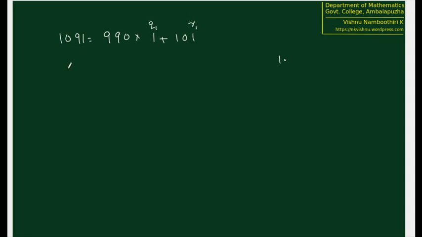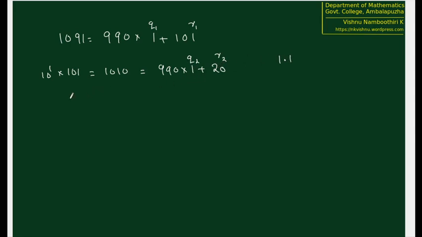So R1, if we multiply with 10, then this will be 10 to the power 1 into 101. That's equal to 1010. This is equal to 990 into again 1 plus what is the remainder? Remainder is 20. So the quotient, this is Q2, this is R2, remainder is not 0 still. So we are continuing the decimal representation. So this is going to be equal to 1.1.